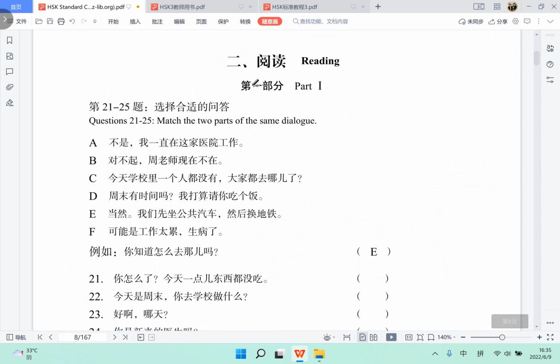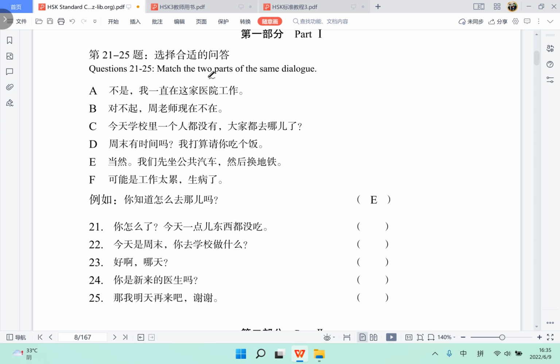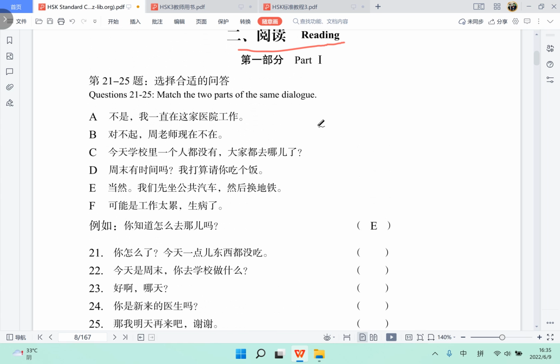Okay, then we're going to the reading section, 阅读部分. So 选择合适的问答, match the question and answer, and we check the answers first. 不是，我一直在这家医院工作, so no, I always work at this hospital. And B, 对不起, sorry, 周老师现在不在, teacher Zhou is not here now, 今天学校里, today in the school.